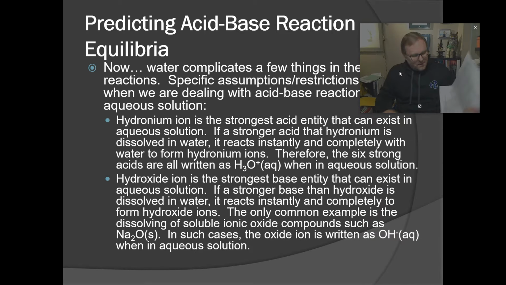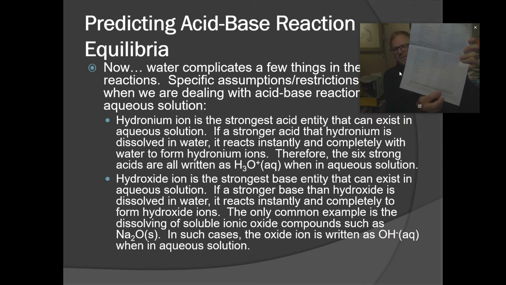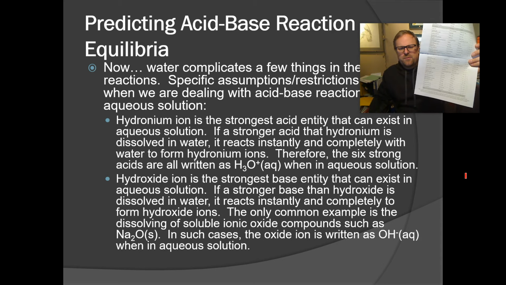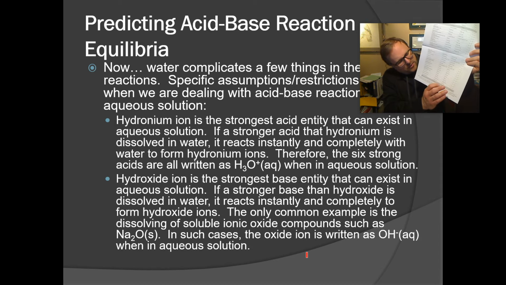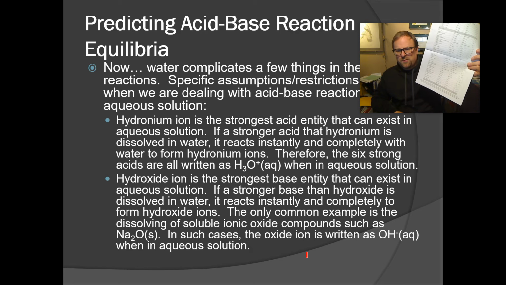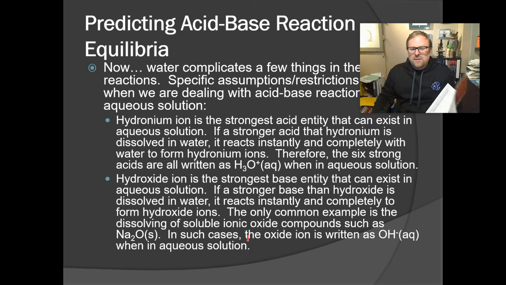The second thing is that the hydroxide ion is the strongest base that can be present. If a stronger base than hydroxide is there, we consider that it reacts instantly with water to form hydroxide ions, just like we did before. For example, and I've never seen it come up, but maybe it would, sodium oxide is a very strong base, so it will just turn into hydroxide, and we'll consider it to be hydroxide.